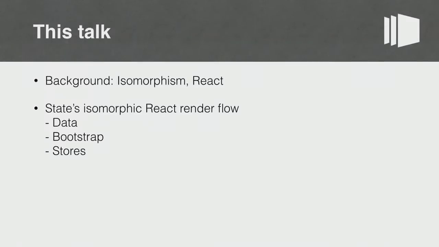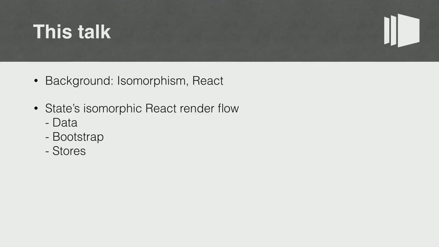So today's talk, I'm first of all just going to go through what isomorphism is, what I mean by that, so everyone's on the same page. And then I'm going to say something about how React plays with isomorphism, what React enables, and what's easy and what's difficult to do with React isomorphically. And then through the bulk of the talk, I'm going to talk about how we set up our isomorphic React render flow.